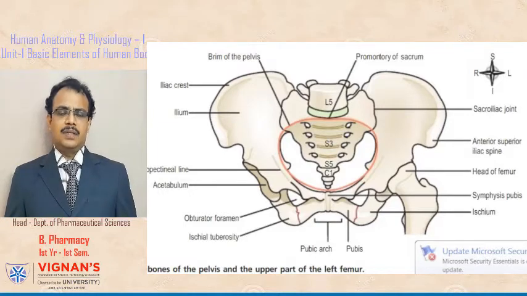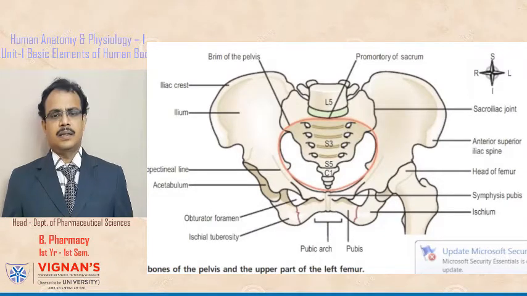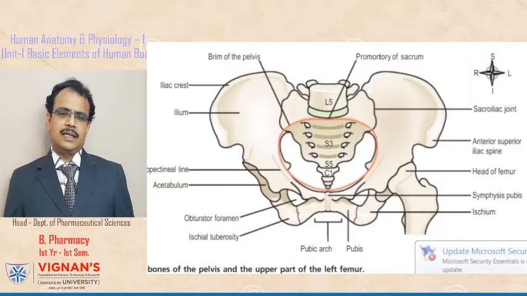The ilium is present superiorly and the pubis is present anteriorly, whereas the ischium is present inferiorly and posteriorly.